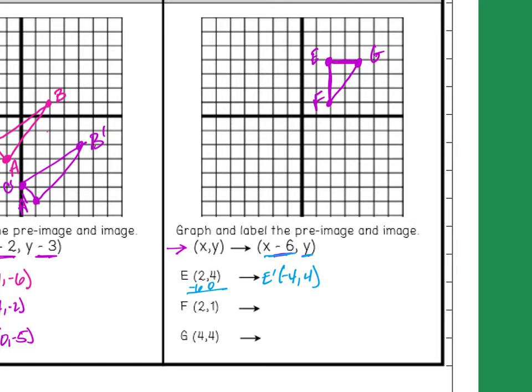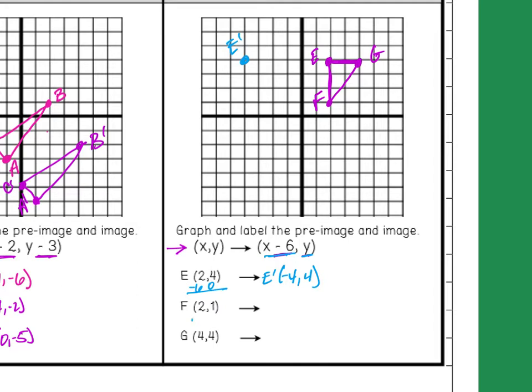And 4. So this should have been E prime. Oh, that's +4. Wow, okay. Let's try this again, -4. 1, 2, 3, 4. 1, 2, 3. Obviously I can't count here. E prime, there we go.